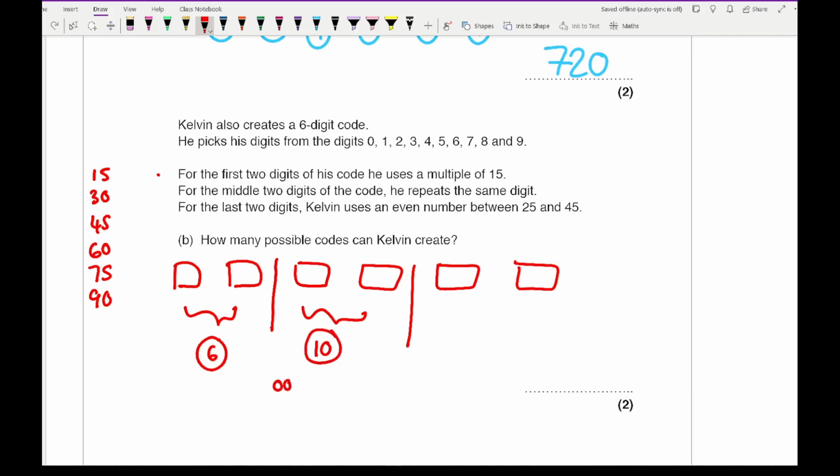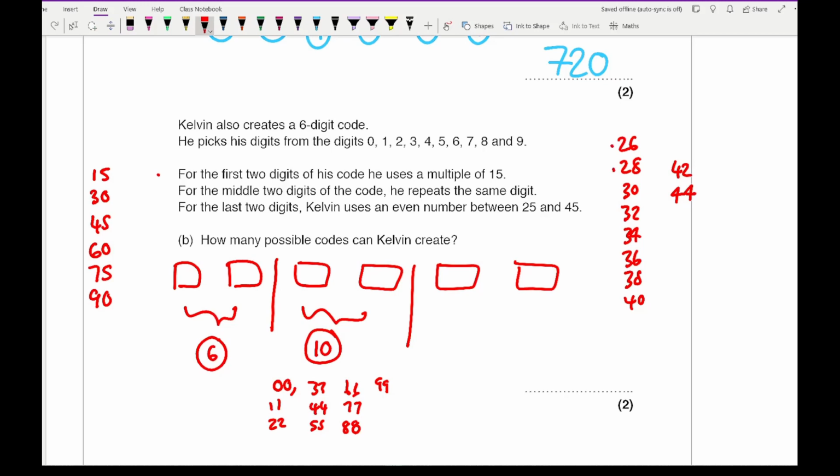And again, 0, 0, 1, 1, 2, 2, 3, 3, 4, 4, 5, 5, 6, 6, 7, 7, 8, 8, and 9, 9. And then it says for the last 2 digits, Kelvin uses an even number between 25 and 45. So here we've got 26, 28, 30, 32, 34, 36, 38, 40, 42, and 44.